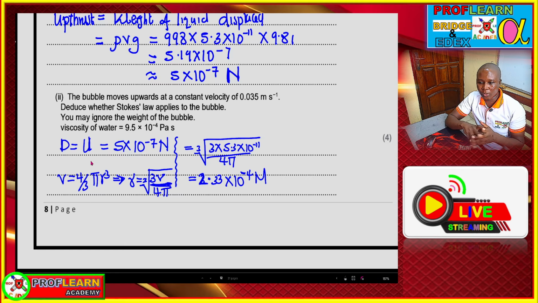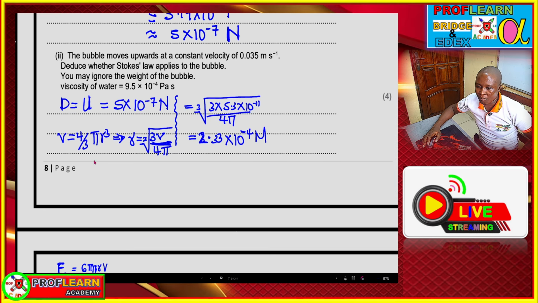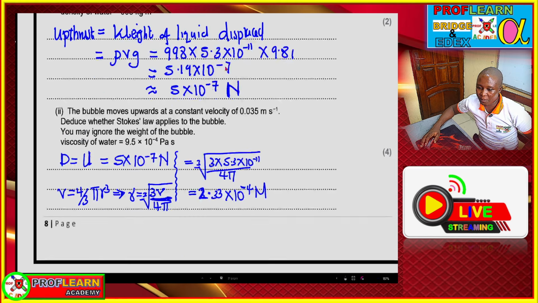So we can conclude that drag is equal to upthrust. If you do that, you're going to get drag is equal to upthrust, and upthrust was 5 times 10 raised to the power negative 7, which we had gotten from the previous section.